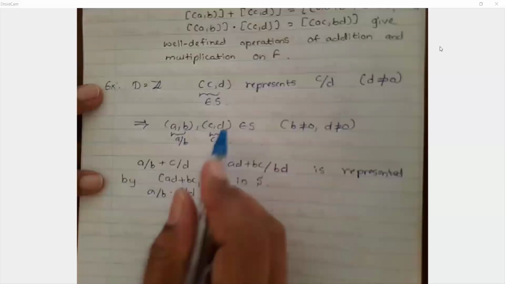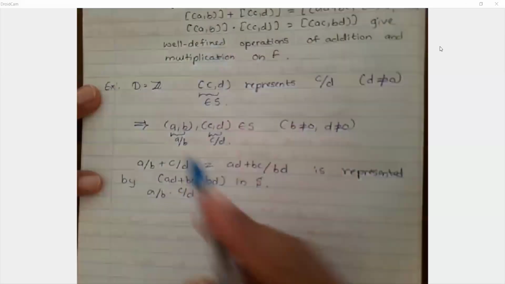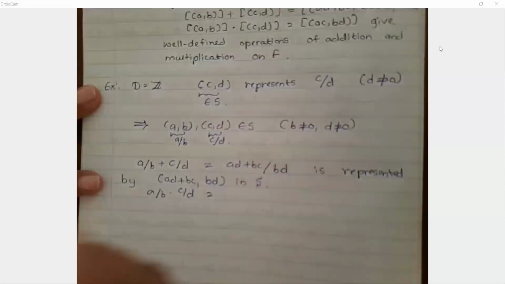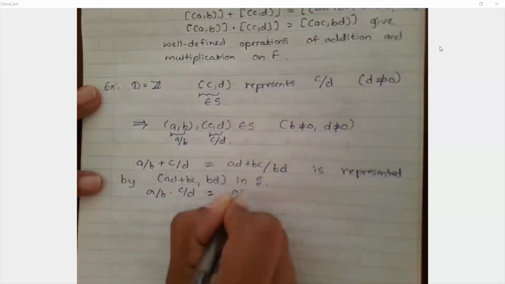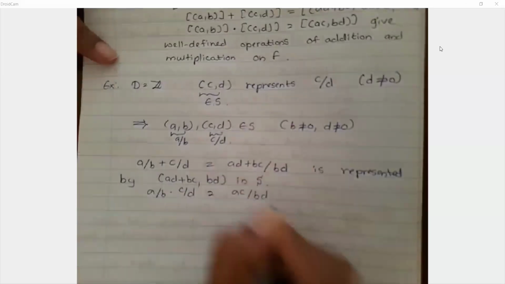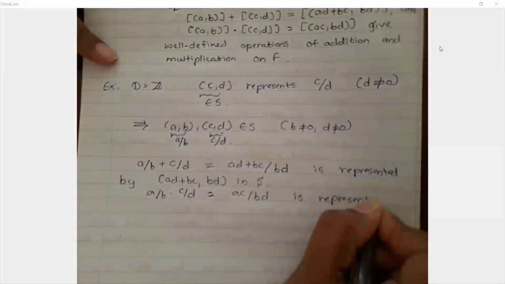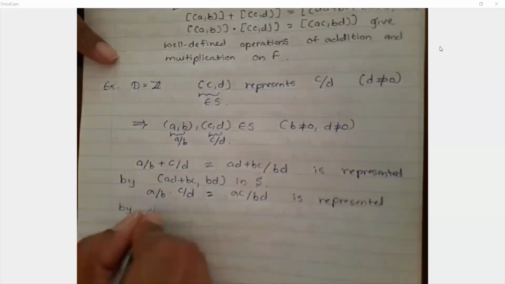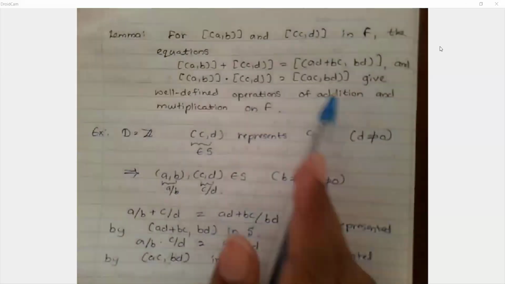What we are doing in this case is to see that these are well defined in F. We are taking one representative from each equivalence class and performing the usual addition and multiplication over Q. This is represented by (AC, BD), once again in S. If you go to the definition, it is the same thing that you see over here.